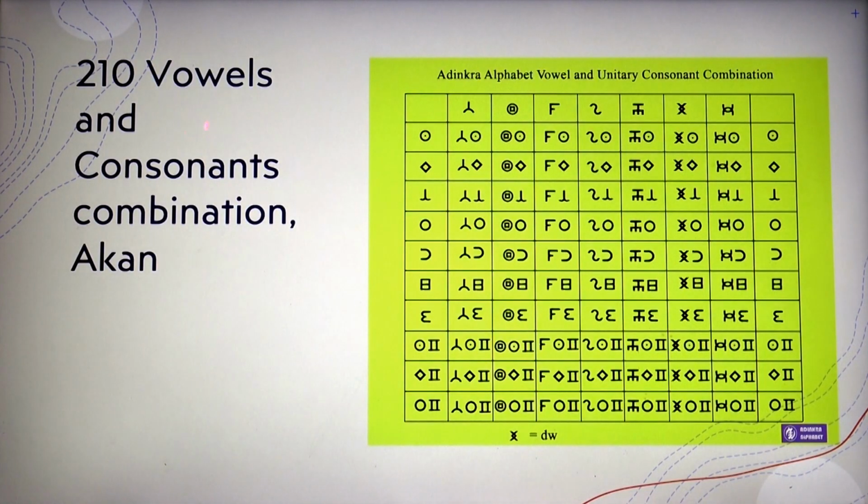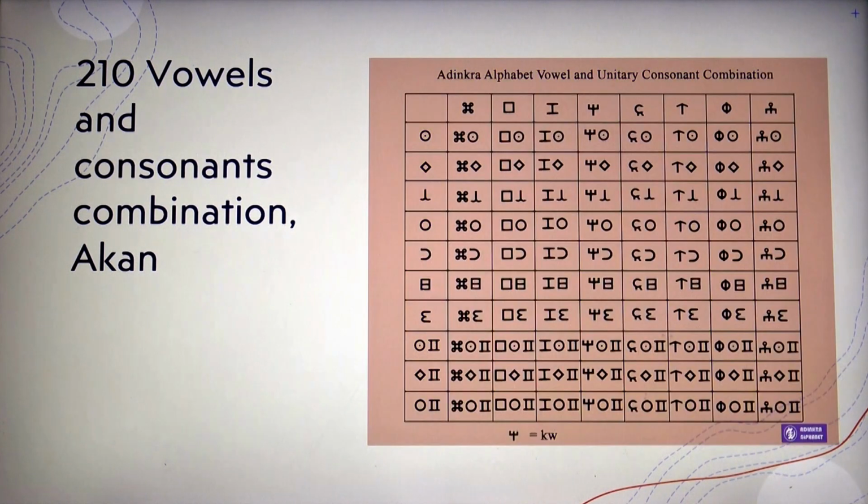In the Akan language, there are 210 vowel and consonant combinations. So we have Be, De, Fe, Ge, Hi, Je, Ke, and then Il, Que, Se, Te, We, Ye.